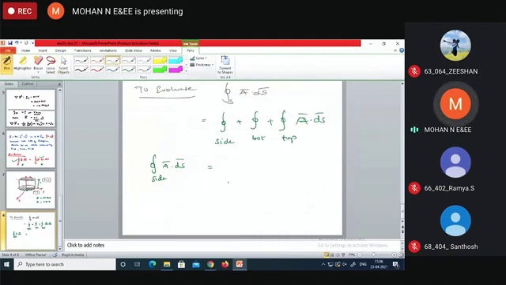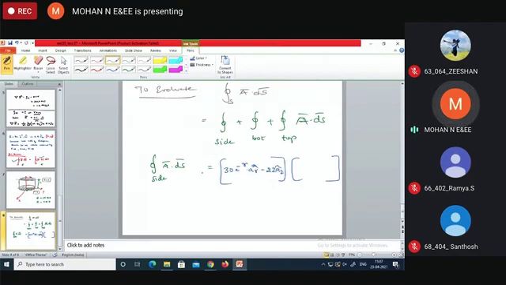We have to take A vector into ds vector. What is A vector? It is given: 30 into e power minus r into ar cap minus 2z into az cap.